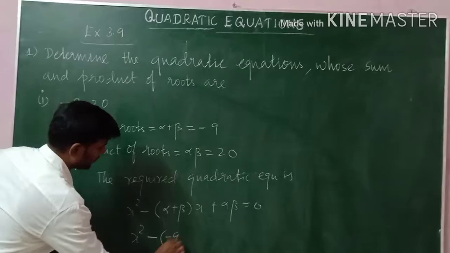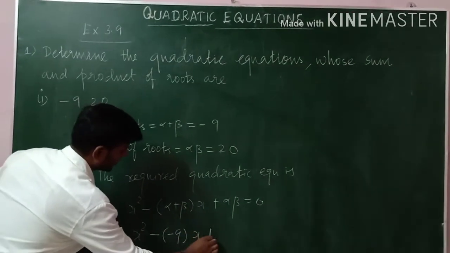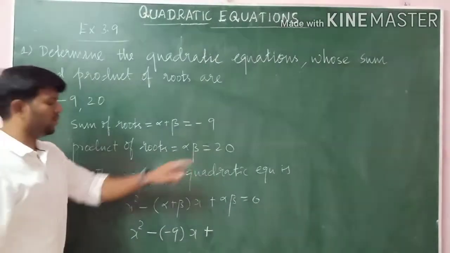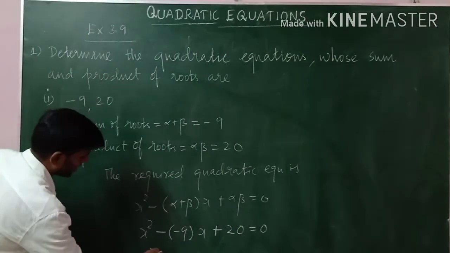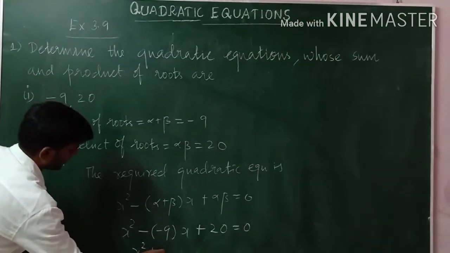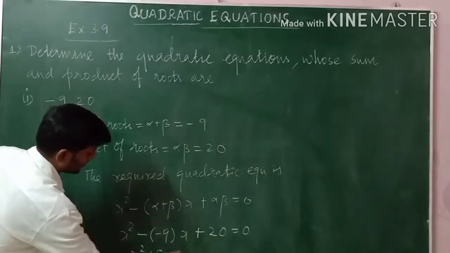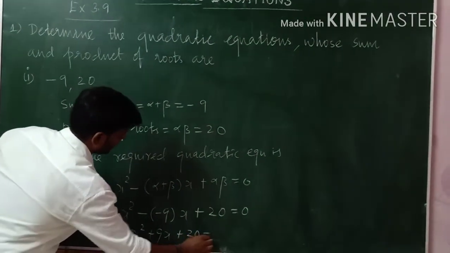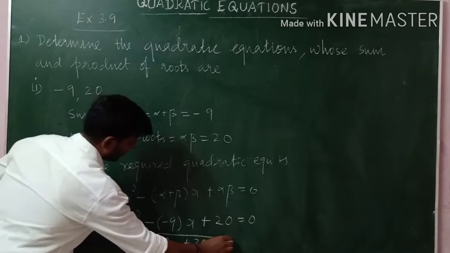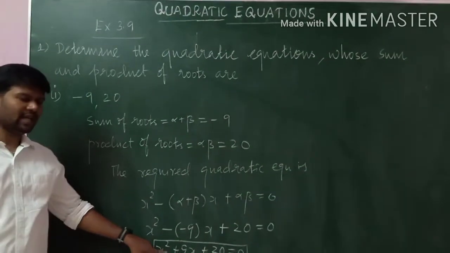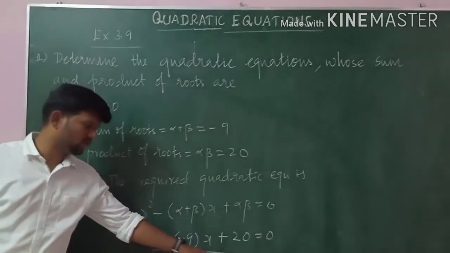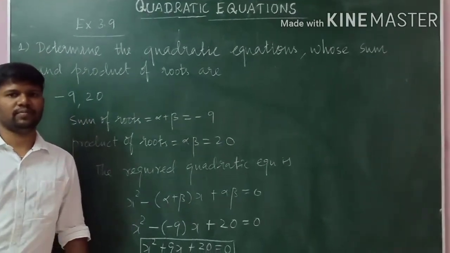So minus of minus 9 into x plus product of roots, what? 20 equal to 0. So x square minus of minus, plus 9x plus 20 equal to 0. Therefore, the required quadratic polynomial is what? x square plus 9x plus 20 equal to 0.